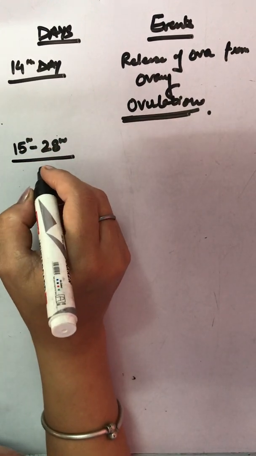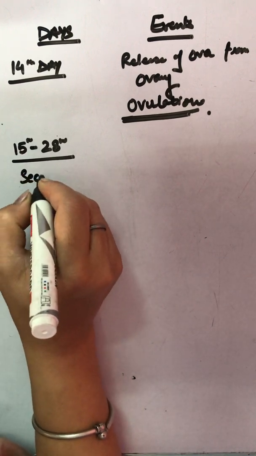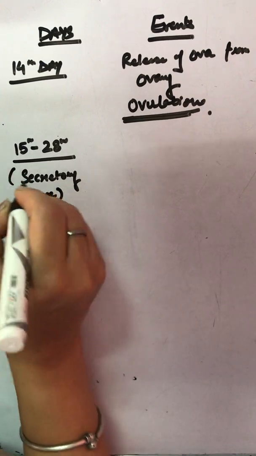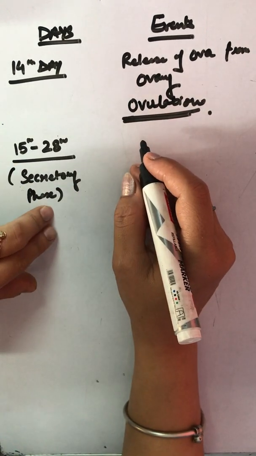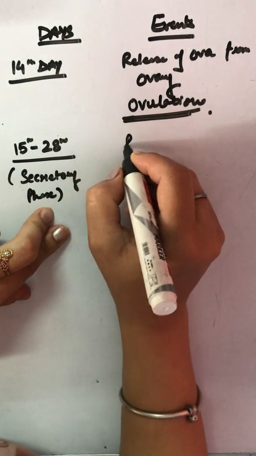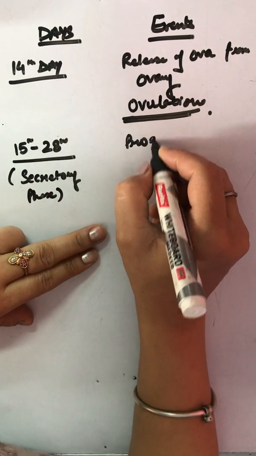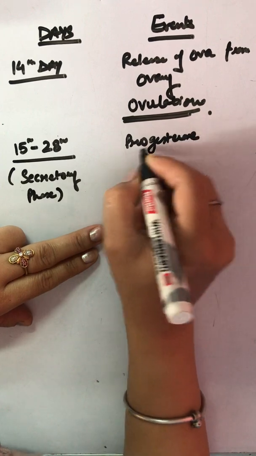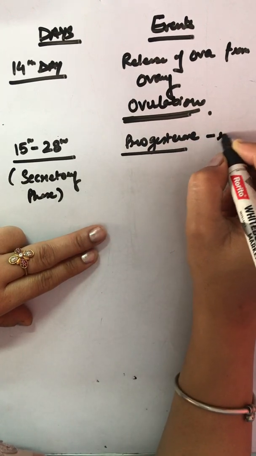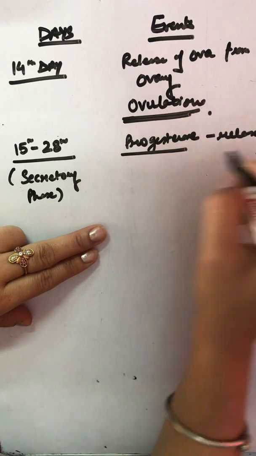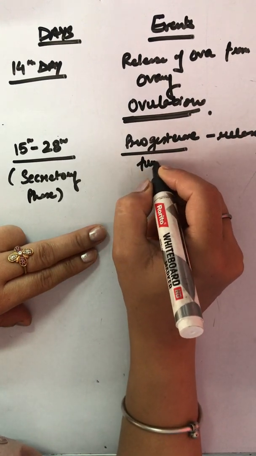This is known as the secretory phase. In this phase, another hormone, progesterone, now comes into action. Progesterone. It is released from the ovary. Obviously, like estrogen released from the ovary, progesterone is also released from the ovary.